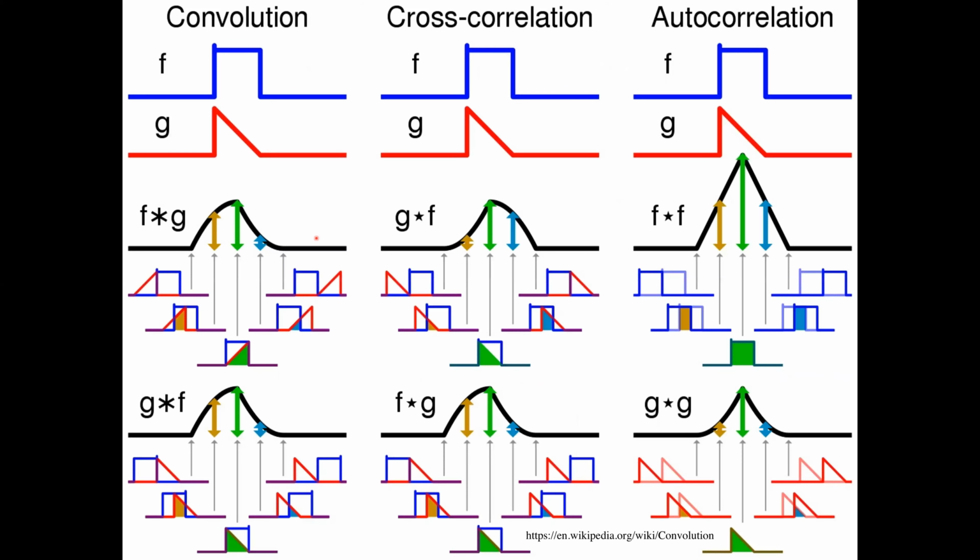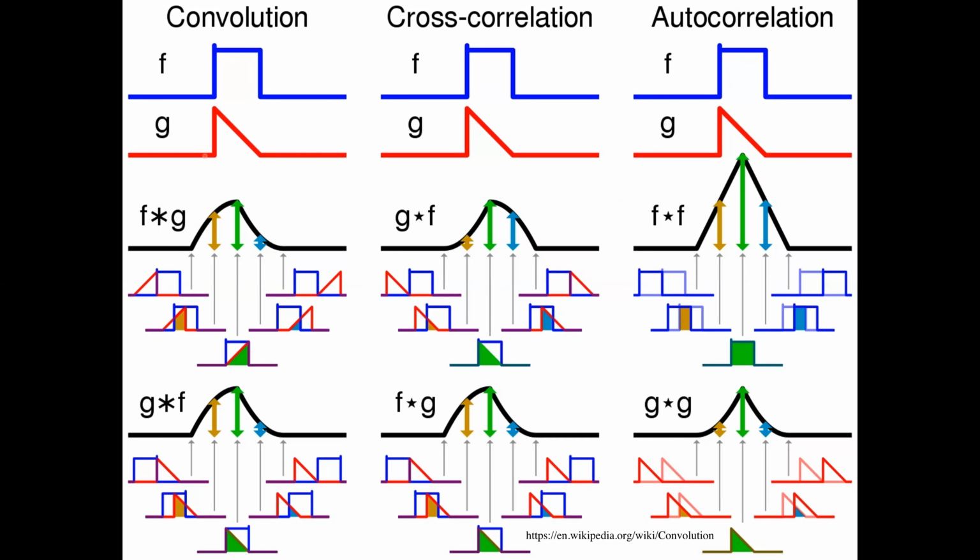So convolution, just to remind you what convolution is, graphically: if I have a function f and a function g in one dimension, what I define as the convolution of f with g is the following.